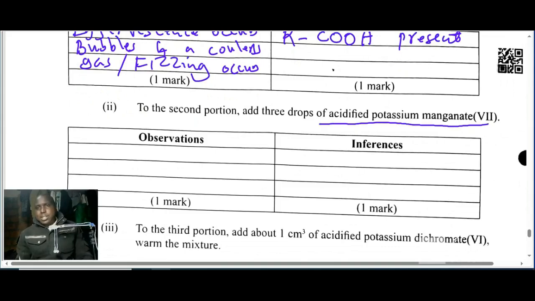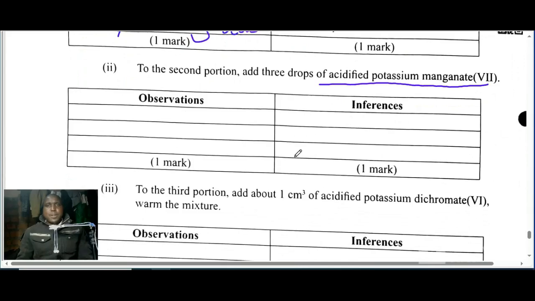Potassium permanganate will not miss here; this reagent will be there, whether you like it or not. This one is used to test for double bond, triple bond, and alcohol. If the color changes from purple to colorless, then alcohol, double bond or triple bond is present. So what was the observation? Acidified potassium permanganate(VII) is decolorized.